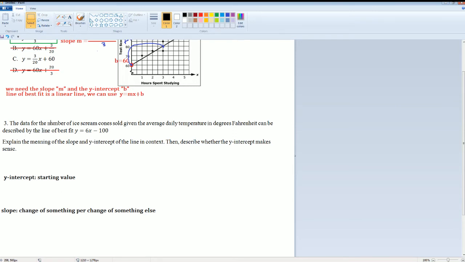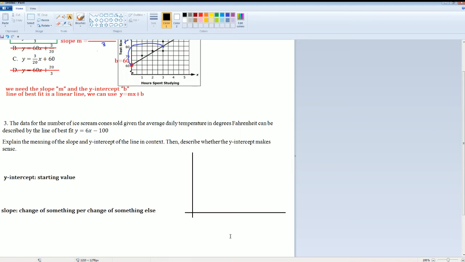The data shows the number of ice cream sold given the daily temperature.